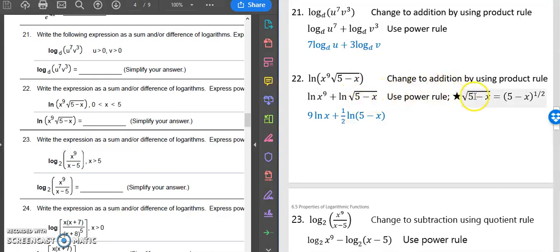Remember now with the square root of 5 minus x, that's actually 5 minus x raised to the 1/2 power. So we'll take that 1/2 power and bring it down in front of the logarithmic expression. Over here on the left, we just took the 9 and moved that down to being the coefficient. So this is our final answer, 9 ln x plus 1/2 ln of 5 minus x.